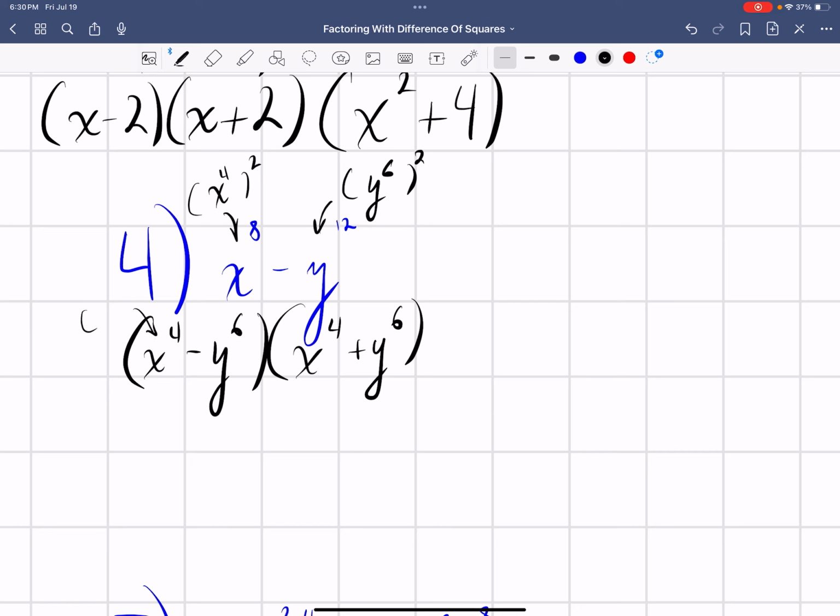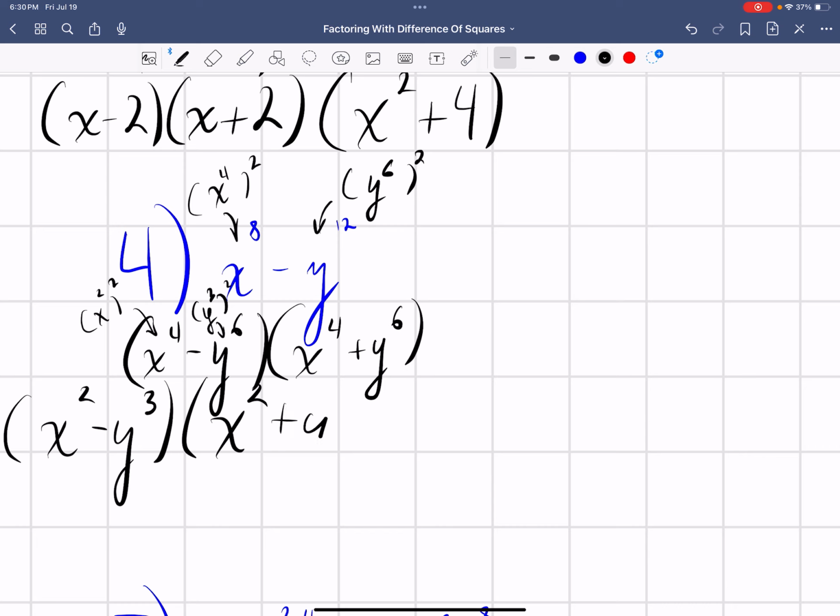What squared gives us x to the 4th? x squared. How about y to the 6th? That's y cubed. So we can factor that first one more, and it becomes x squared minus y cubed times x squared plus y cubed. But again, the second one up here, this x to the 4th plus y to the 6th, we cannot factor it any further because we cannot factor a sum of squares. So we leave that one alone, and that is it.